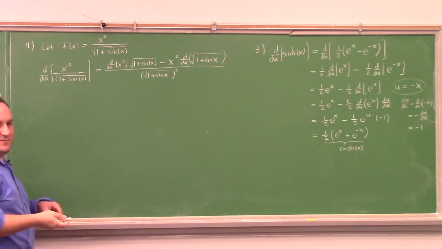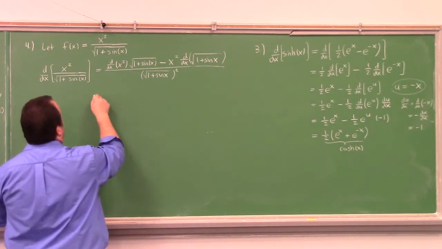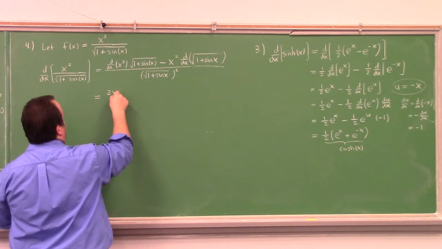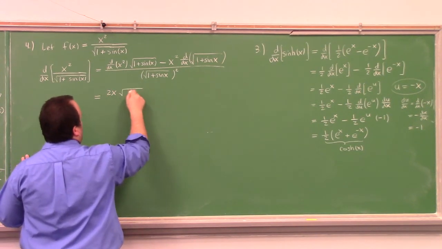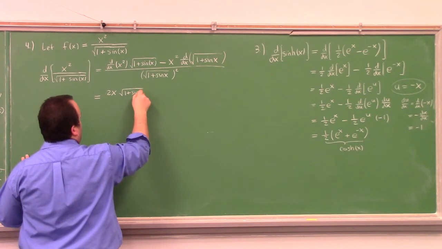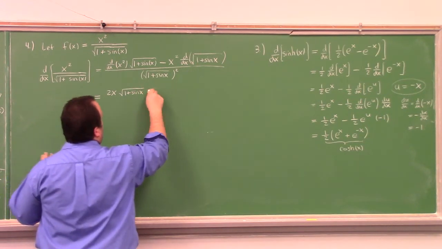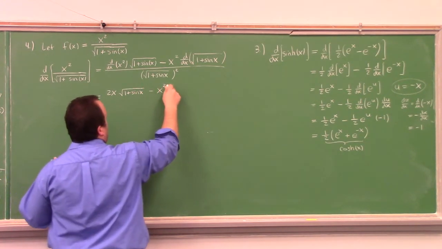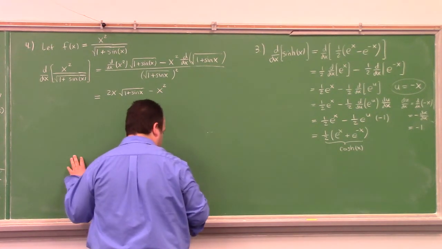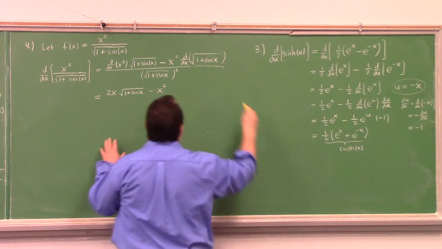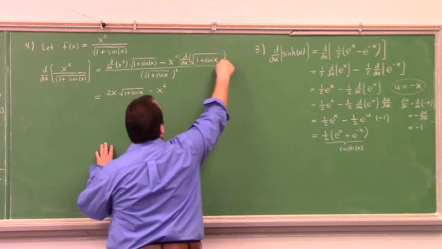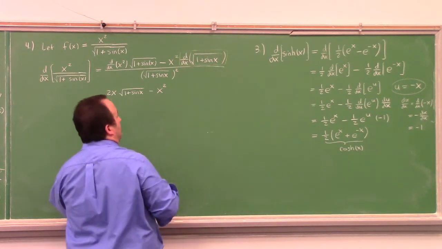So I'll do the easy part, the derivative of x squared, 2x. I picked the low-hanging fruit. There you go, 2x times the square root of 1 plus sine x, minus x squared. And so this here is a composite function, right?